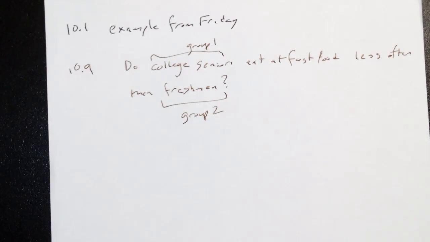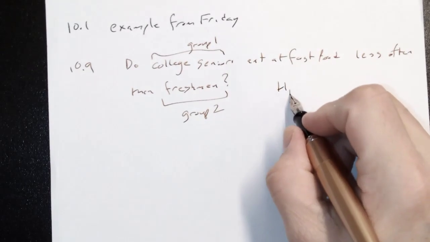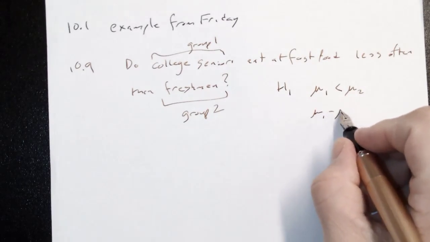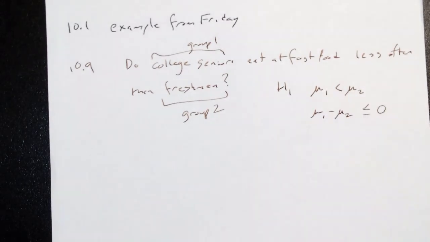Now, what do we want to determine? So I want to know if the average for the first group is less than the average for the second group. That should be my alternate hypothesis. Or another way to write that is that the difference between these two is less than 0.